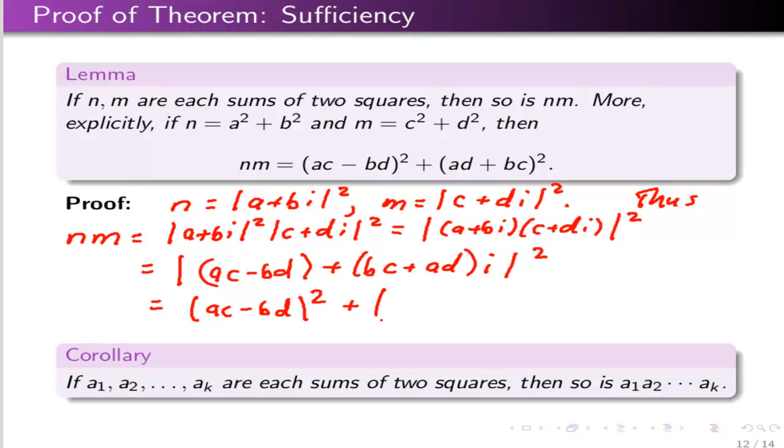Just this multiplicative property of the absolute value symbol. Then by induction, you go one step further that say if you have k numbers, each of which are sums of two squares, then so is the product of those k numbers. So you can go on producing sums of squares by just multiplying numbers that already are sums of two squares.